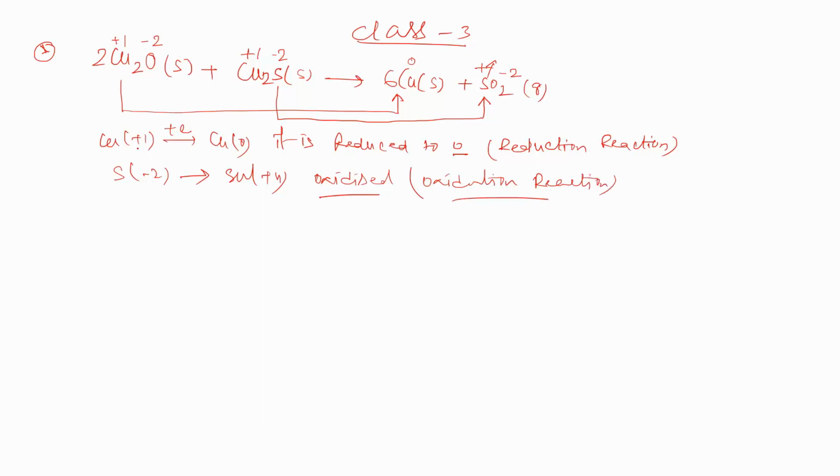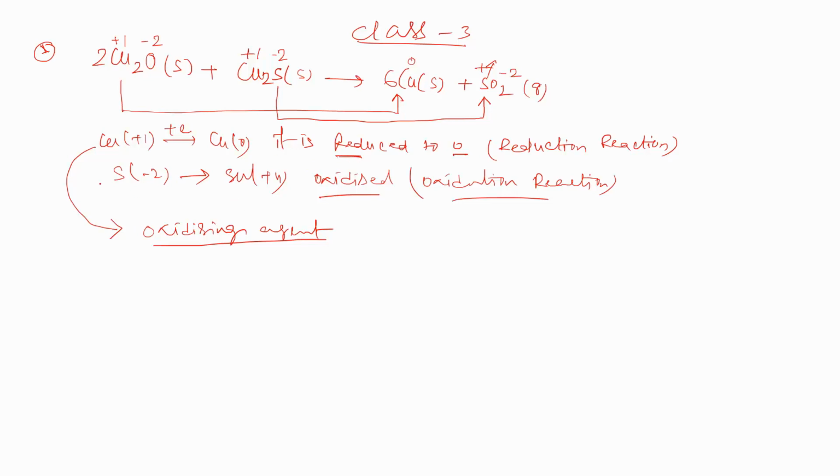So here the copper goes from +1 to 0. So it itself is reduced. That means it is an oxidizing agent. Oxidizing agent means it will oxidize another species and it itself is reduced.